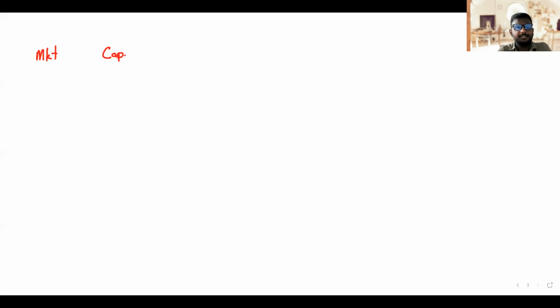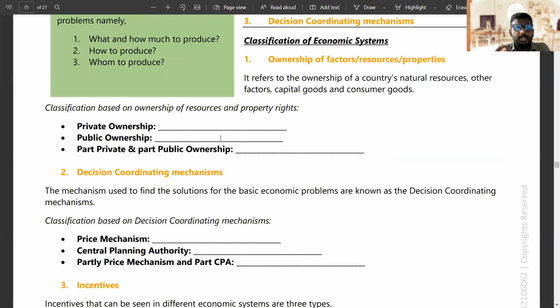So the answer to this question is, it's not confusing as long as you know the basics properly. When we classify economic systems, we mainly use three classifications.